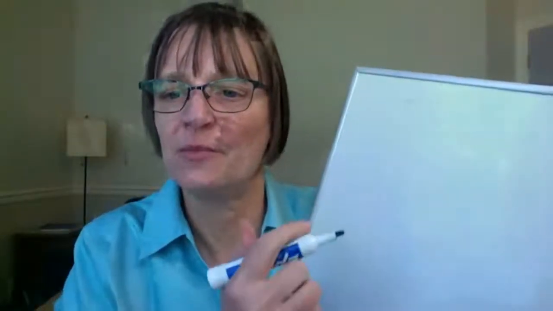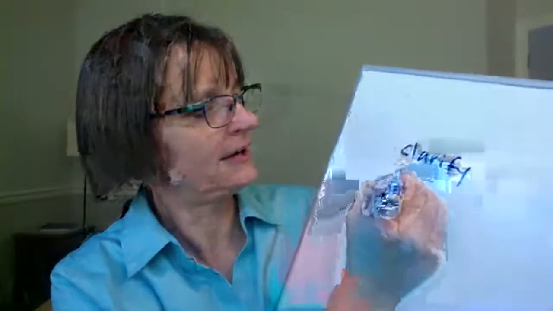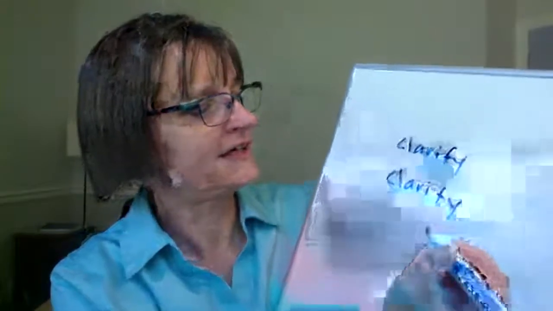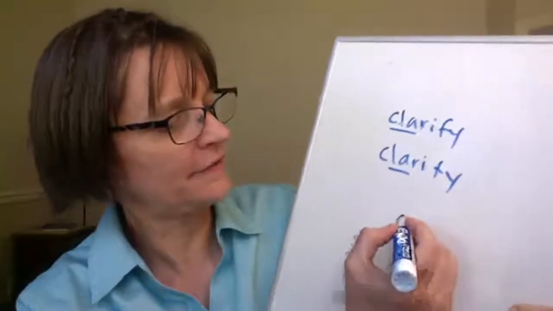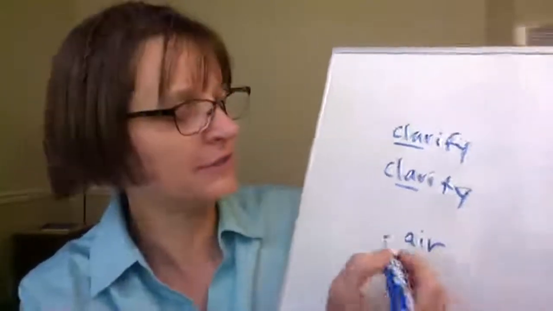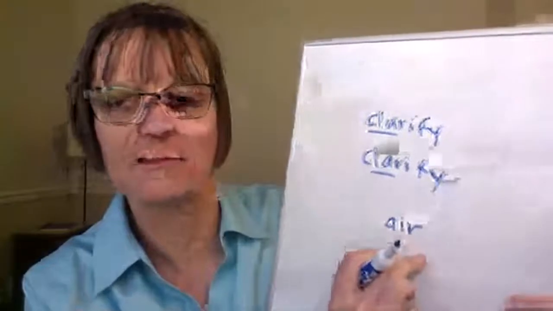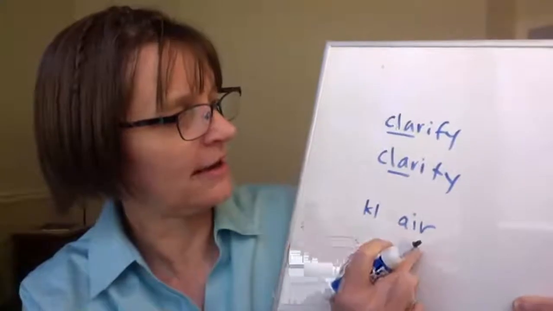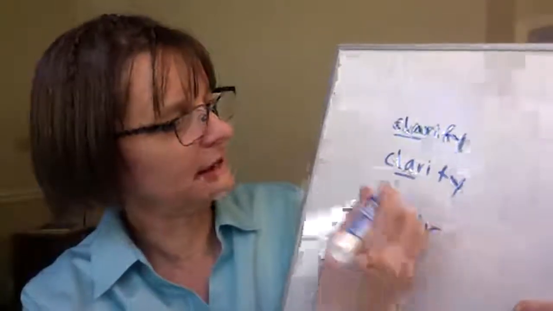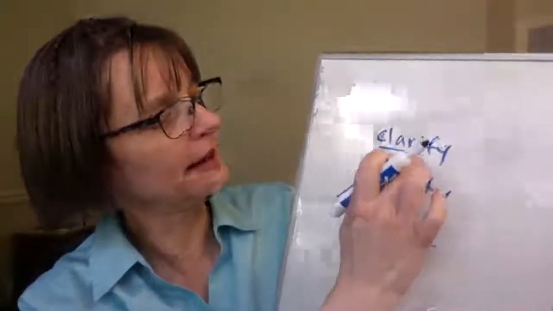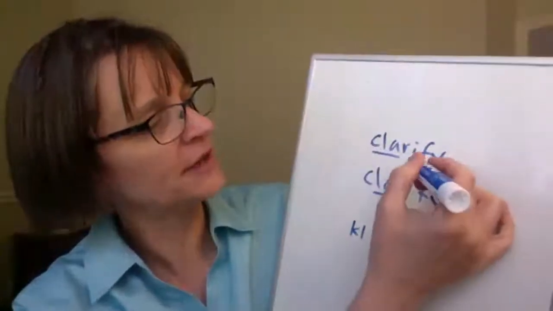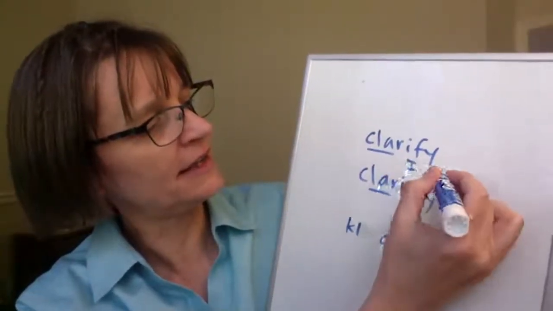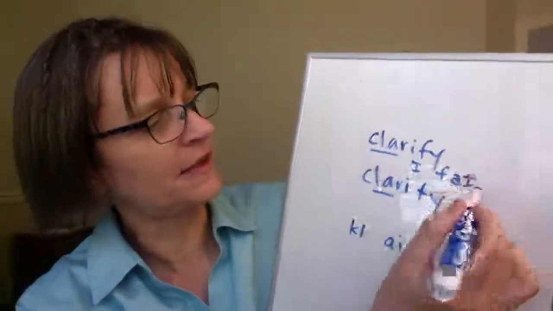We have a question about pronouncing clarify and clarity. Clarify, clarity. They both have the air diphthong. So I would start when I was pronouncing them with air and then add in the KL sound. In clarify, I still have first syllable stress, but I have an I diphthong at the end.